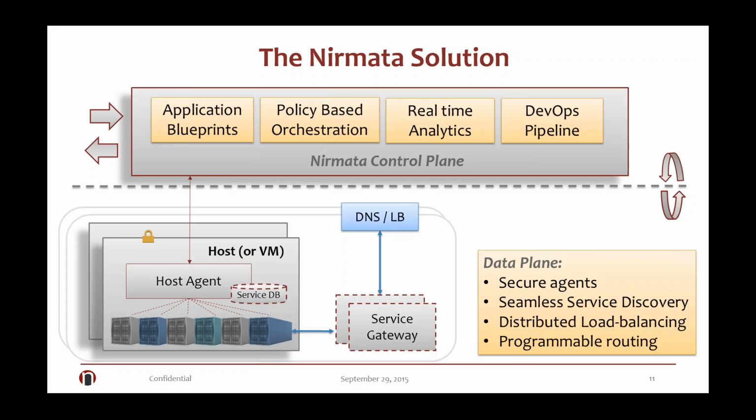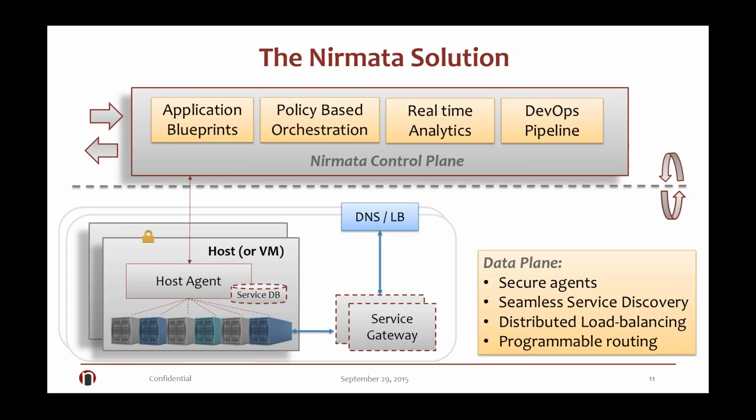Once applications are deployed, Nirmata really starts providing a lot of value and a lot of its features at that point, where first off, by collecting real-time analytics through the host agents that we run on every host, Nirmata has a steady stream of information across user activity, across the host and infrastructure activity, as well as what's going on in the application space, which we can then correlate and synthesize as real-time events and feedback to the user.